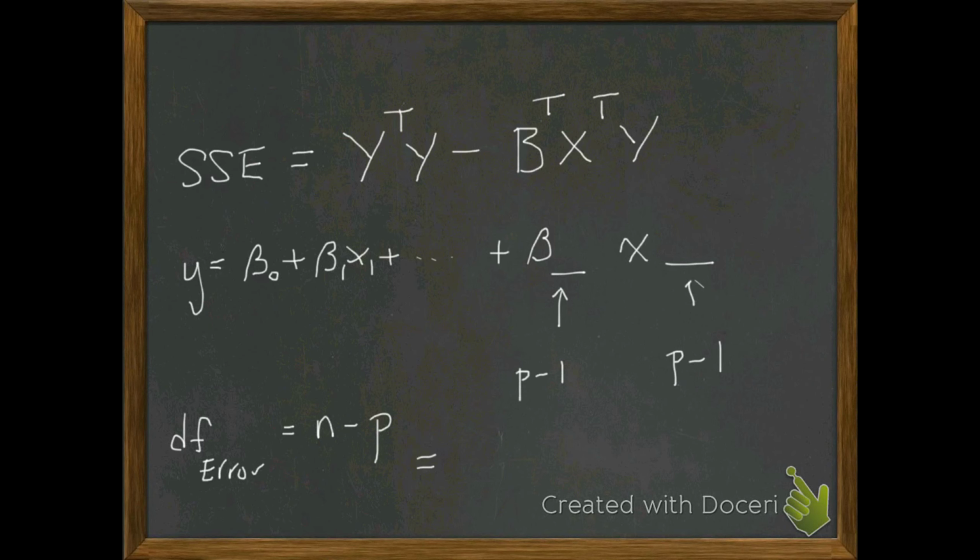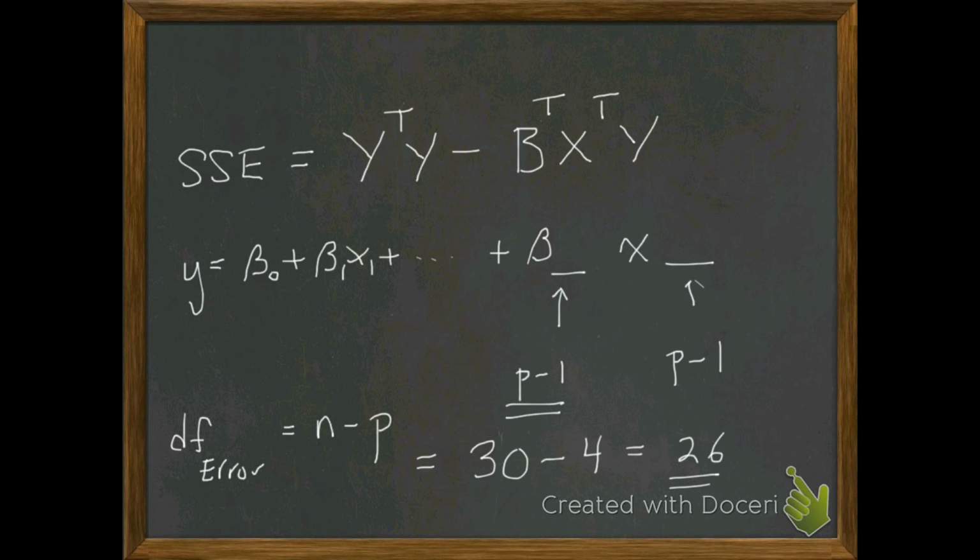So in our situation here, we have 30 minus, we have 3 predictors, so p minus 1 is equal to 3, so clearly p is equal to 4. So we're going to have degrees of freedom of 26.